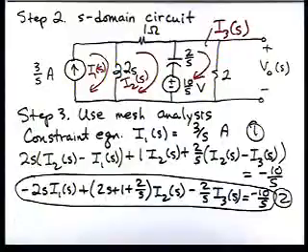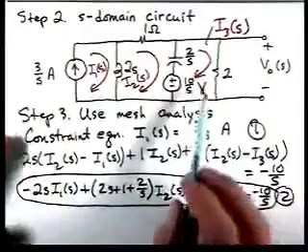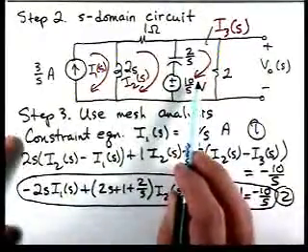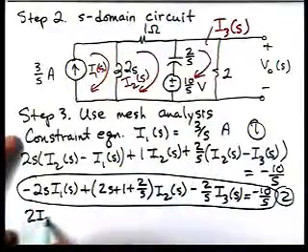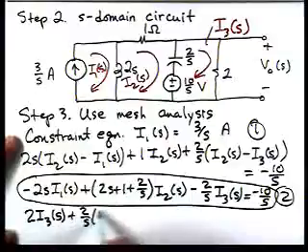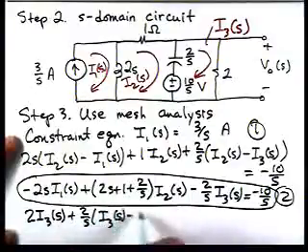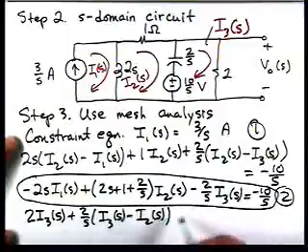Now we need to apply KVL to this mesh, and if we do, we'll have 2I3 plus 2 over s times I3 minus I2, and that's equal to 10 over s.